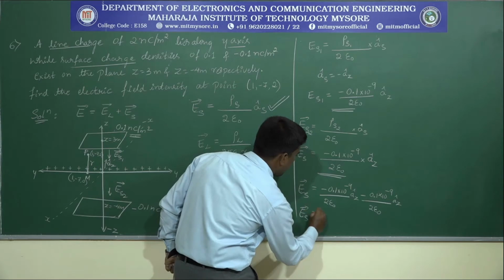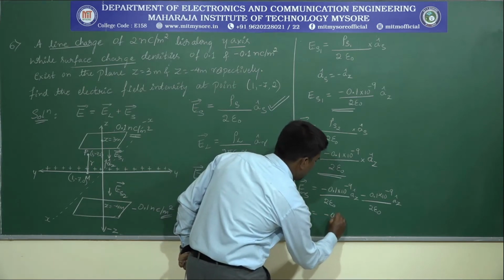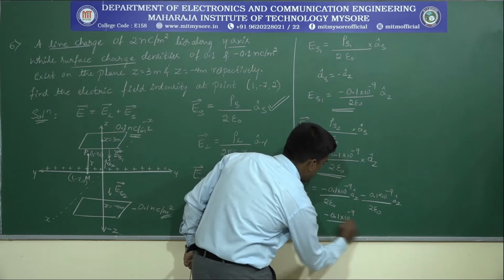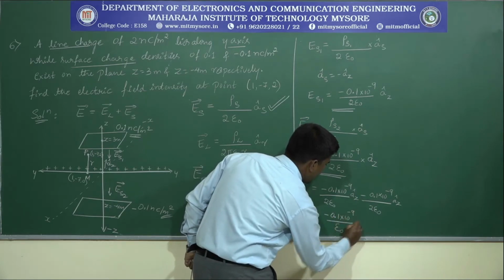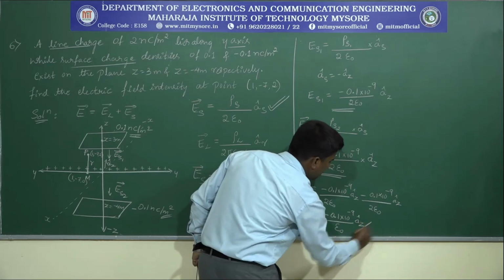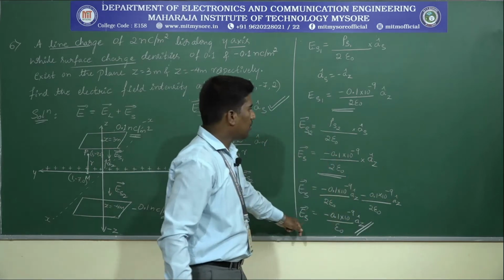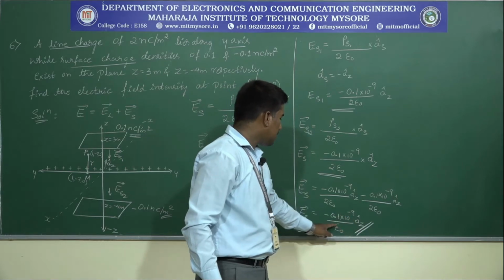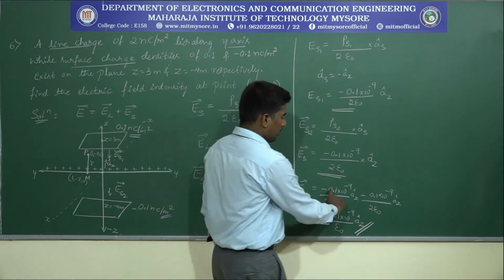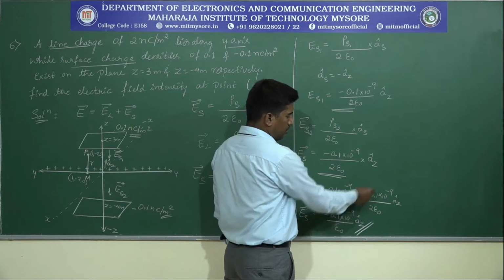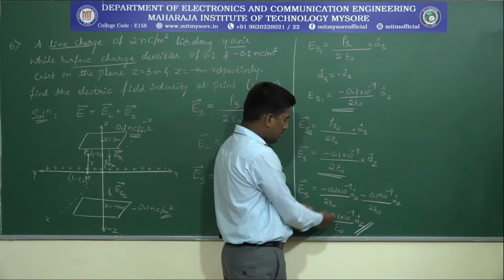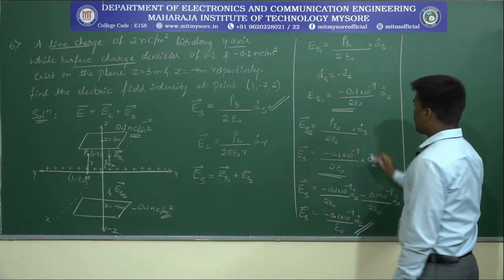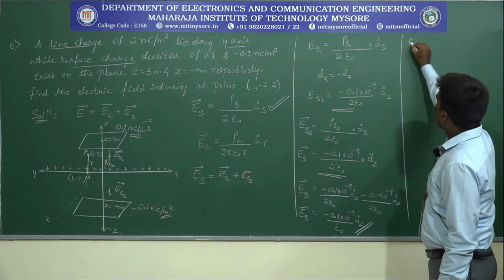ES is equal to minus 0.1 into 10 power minus 9 by epsilon naught into A cap Z. This is the resultant. ES is equal to this much, minus 0.1 into 10 power minus 9 A cap Z divided by epsilon naught. So we get 2 times of this, numerator 2 and denominator 2 get cancelled, and we are left with this quantity. So continuing with this, solve for EL.